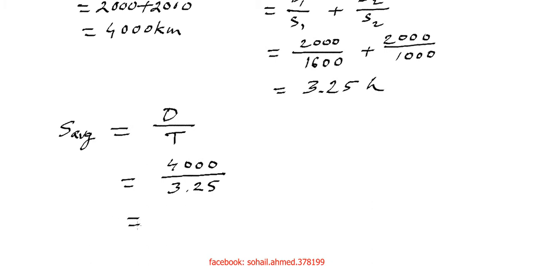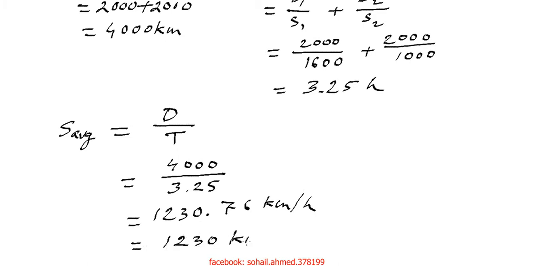So finally the answer is 1230.76 km per hour. If we round to the nearest 10 km per hour, the answer will be 1230 km per hour. This is rounded to the nearest 10 km per hour.